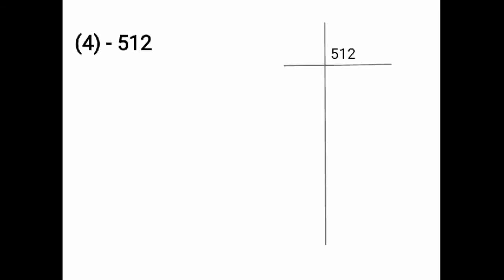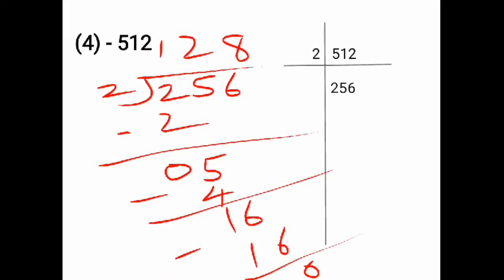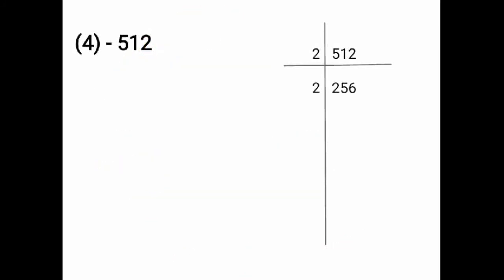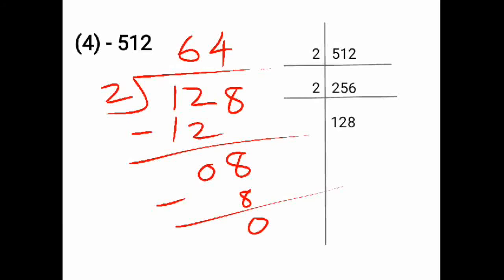Divide 256 by 2. Look at the division of 256 by 2. I am getting quotient 128. That is 2 into 128. Again divide the number 128 by 2. Quotient I am getting 64. That is 2 into 64.